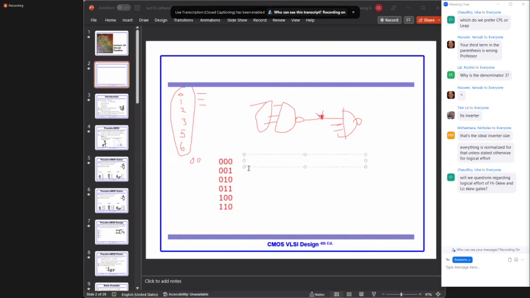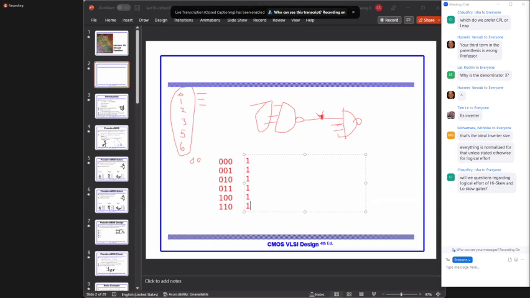Now, next question is, if that's what I'm feeding this NAND gate with, what's going to be the output of the NAND gate? Well, it's going to be 0 or actually 1. Right? It's a NAND, not AND. So I'm going to get a 1, followed by 1, 1, 1, 1, 1. Wow, nothing. Okay. Well, this node stays at 1. It never changes. That makes this problem a boring one.